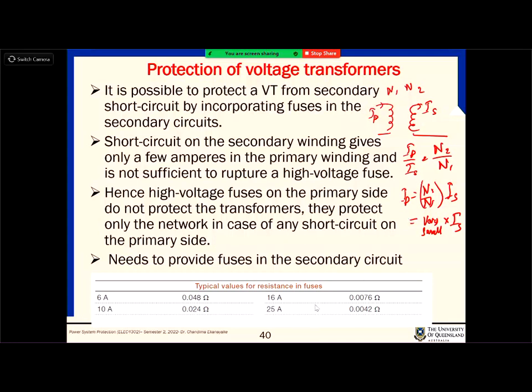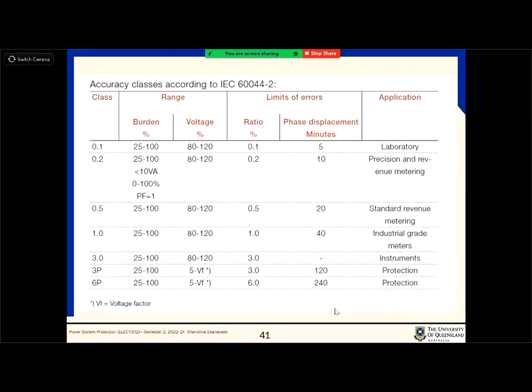So these are the typical values of fuses that we use. And then if you are looking at the accuracy classes for this based on the IEC standard, they have different accuracy classes for different purposes, starting from laboratory to protection, right? So you will see that very, very high accuracy is required for lab work, right?